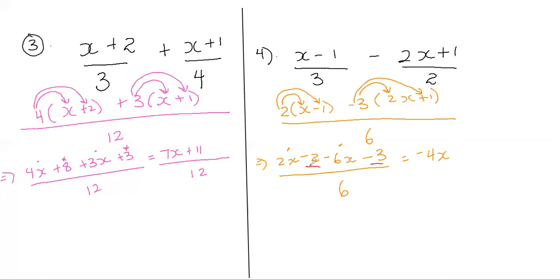So we have negative 2 take away 3. You could put that in your calculator, or you could work it out normal. You're supposed to get negative 5 over 6. And that's it, right? So this cannot simplify anymore, so this is the answer.